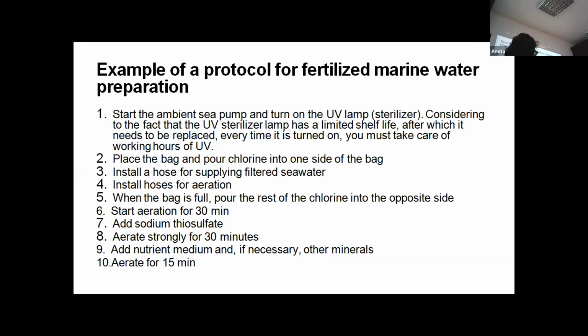And again, when it is in your glass bag, this water should be again chlorinated and dechlorinated, and then we can add medium. What is the best to sterilize or pasteurize the medium again? And then this is how we can keep it.